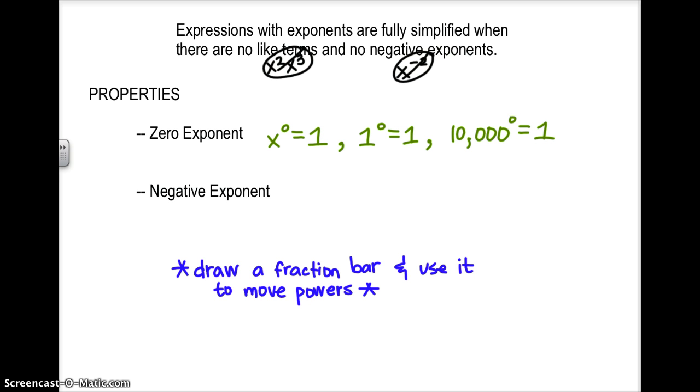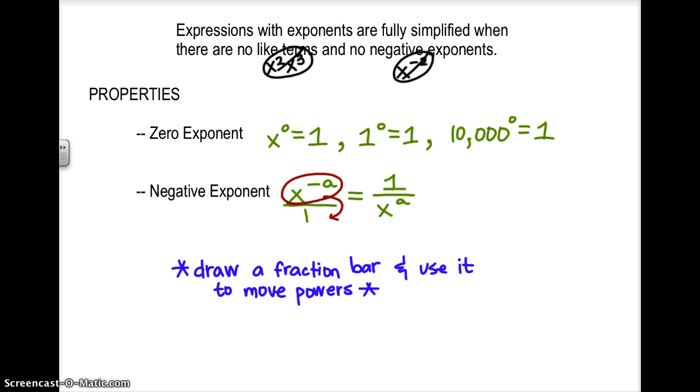Let's say you have a number x raised to a negative a. We first want to draw a fraction bar. Numerator, denominator. You want to put this over 1. Whenever you see something with a negative exponent, it means to move to the other side of the fraction. x to the negative a, when brought down below, becomes positive. And then in the numerator, since there's nothing there, we just put a 1.